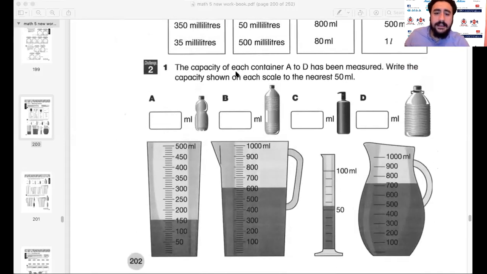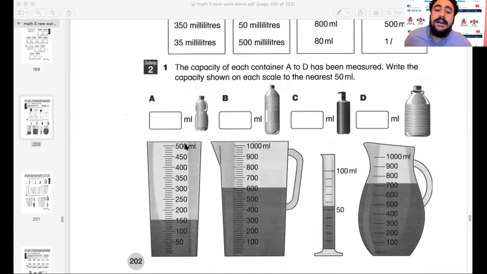The capacity of each container A to D has been measured. Write the capacity shown on each scale to the nearest 50 milliliters. So this one, how many milliliters? This is 50, 100, 150, 200, 250, 300, and so on till 500 milliliters.